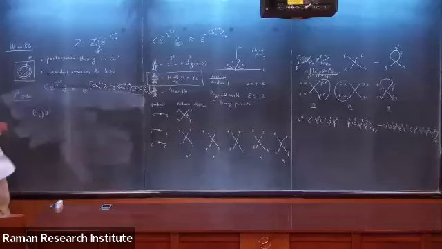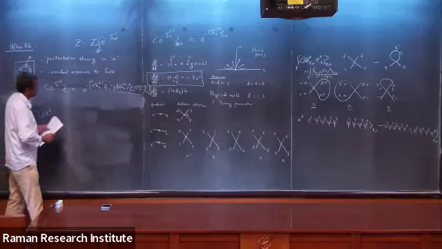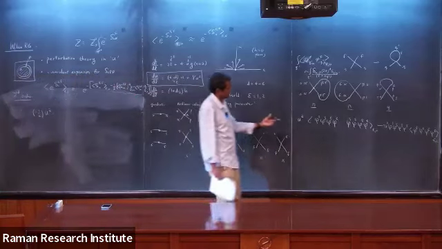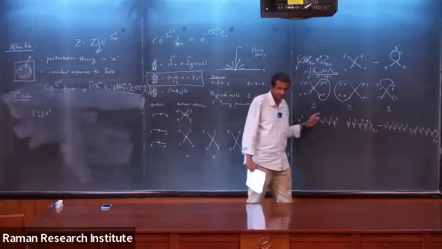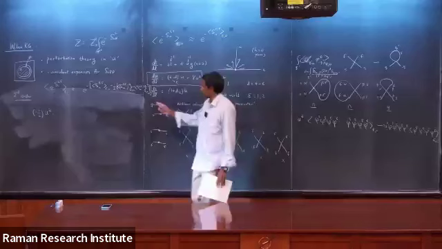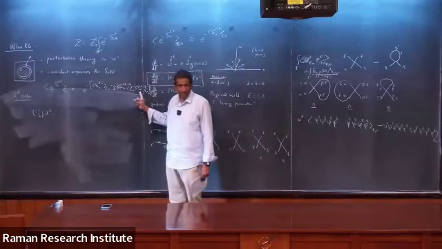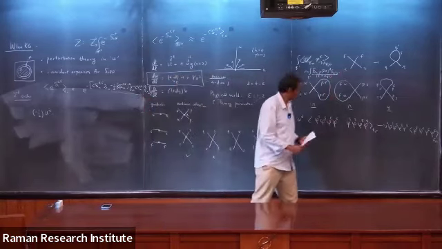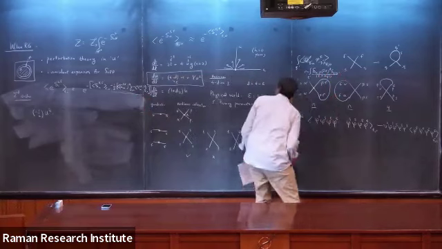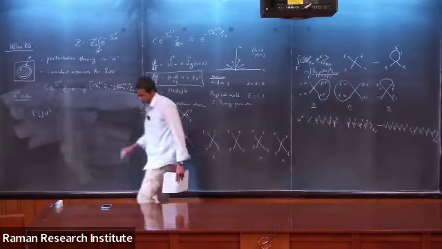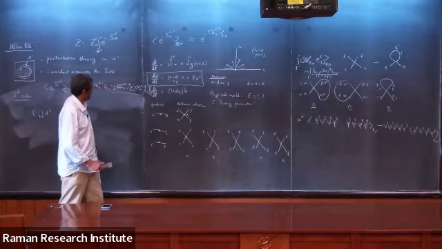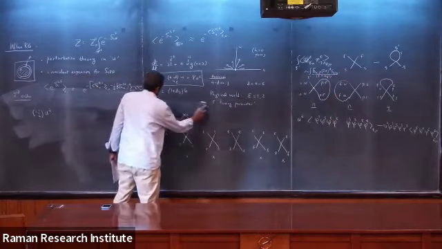Now we have to calculate this quantity, which involves doing a calculation of this, except we have to subtract off the square of the mean. Diagrammatically, that amounts to taking diagrams of the following form, where maybe let me erase this.